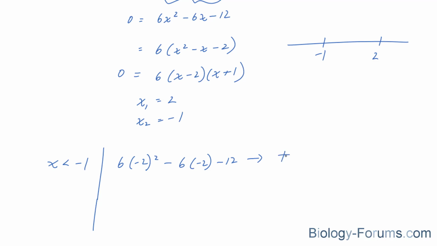And when we try a number that is between negative 1 and 2, let's say it's 0, we end up with a number that is negative. And lastly, when we try a number that is greater than 2, we get a number that is positive again.